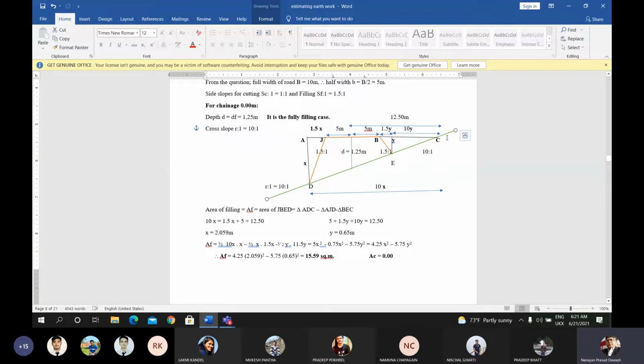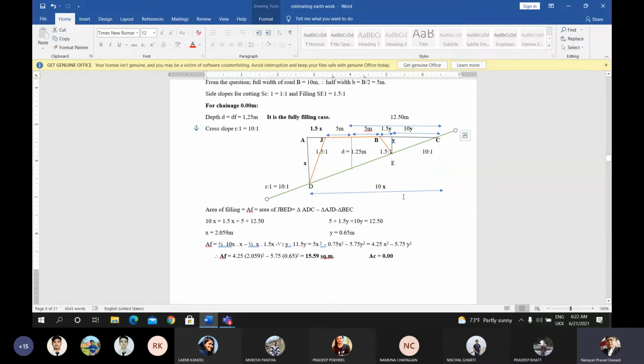Now, due to this 10:1 slope, for the triangle ACD, if the perpendicular is x and the slope is 10 to 1, then from A to C the horizontal distance must be 10x. Okay, the slope is 10 and the vertical height is x, so the horizontal distance from A to C will be 10x.